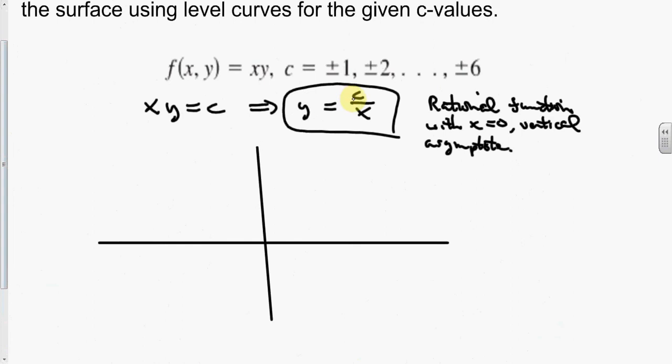So if c is equal to 1, you recall we have that.